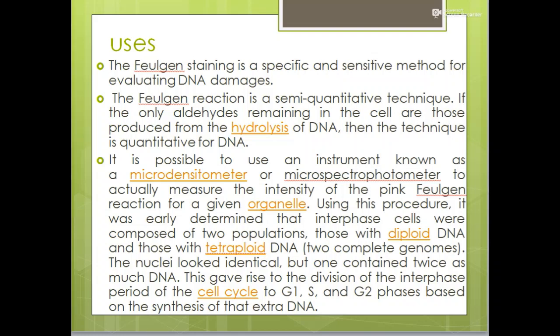You can also look at different stages of the cell cycle, where the DNA becomes diploid or tetraploid, and estimate the amount of DNA in tissues when you combine Feulgen staining with a microspectrophotometer.